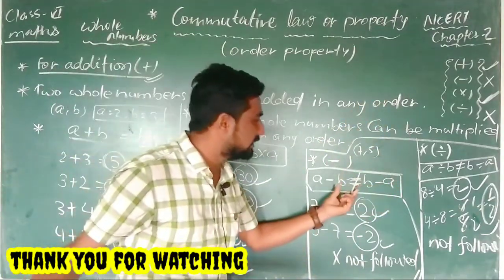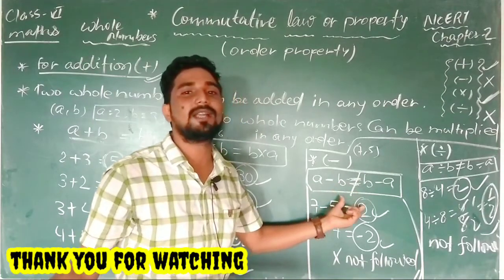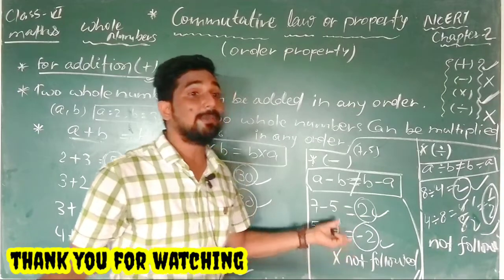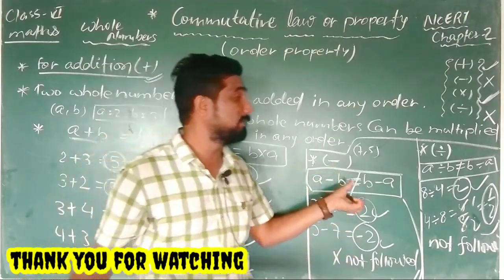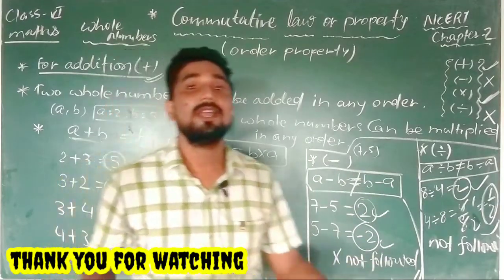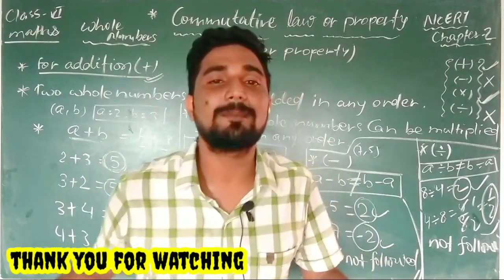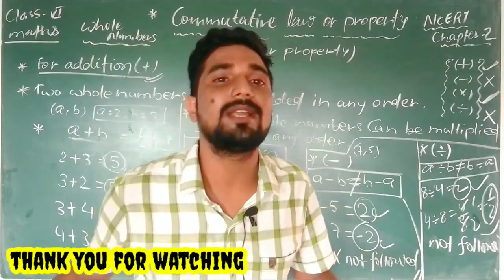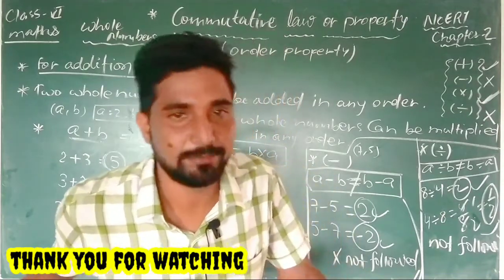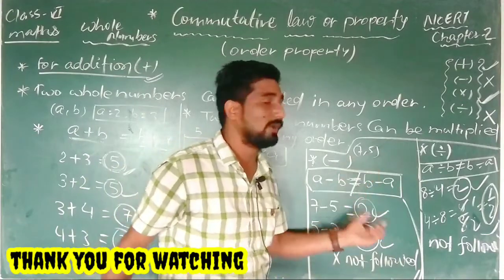Because when you change the order of two whole numbers, the result does not come the same. And if anybody asks you why the commutative law does not hold for subtraction, then you have to say, when we subtract two whole numbers in changed order, the difference does not come equal or the same. That is why it is not followed.